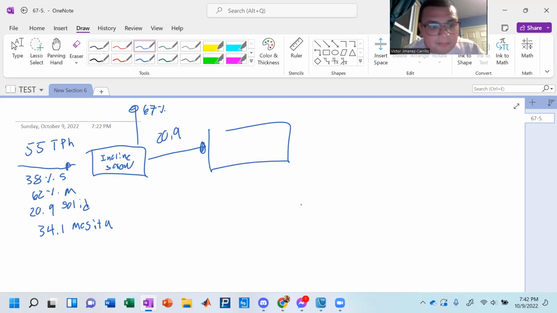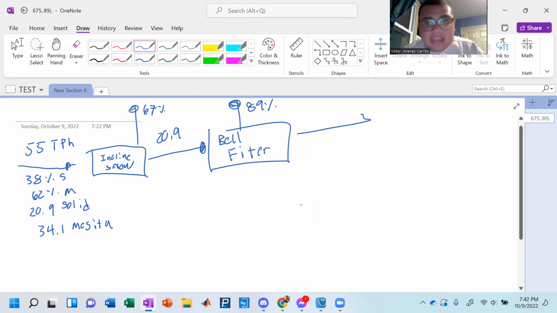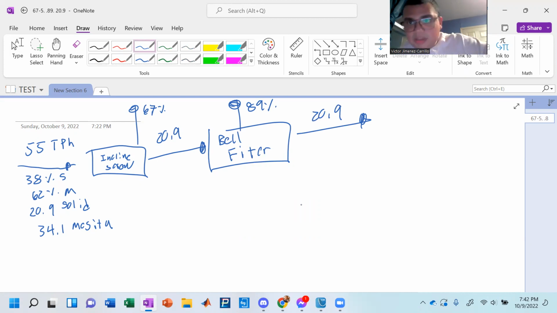Then it goes through a belt filter, and they say this removes 89% of moisture coming through the system. Again, it's just removing moisture, so the solids mass stays the same. 20.9 coming in, 20.9 coming out. The only thing changing here is the moisture removed.